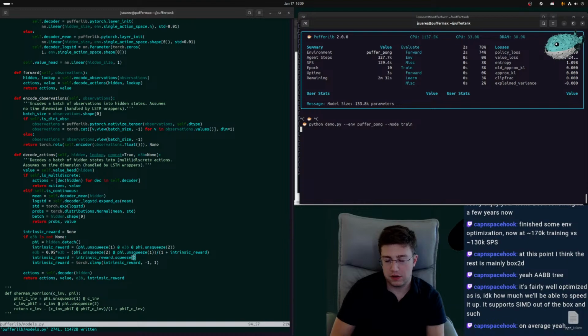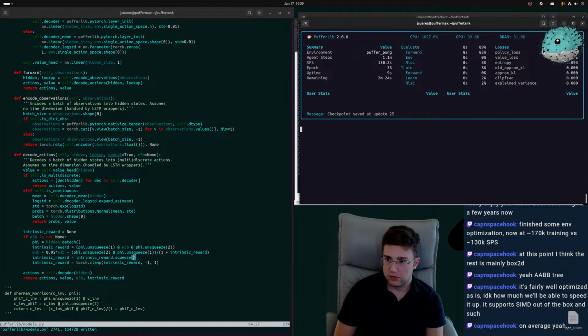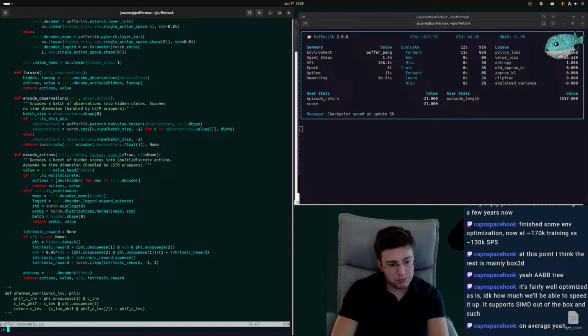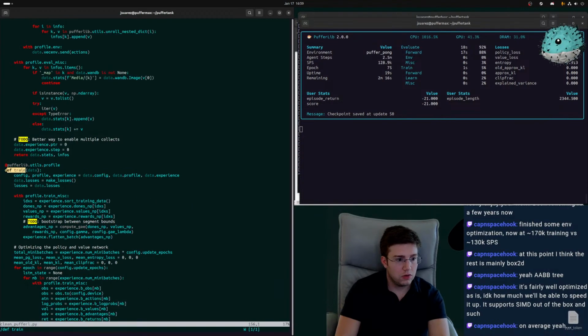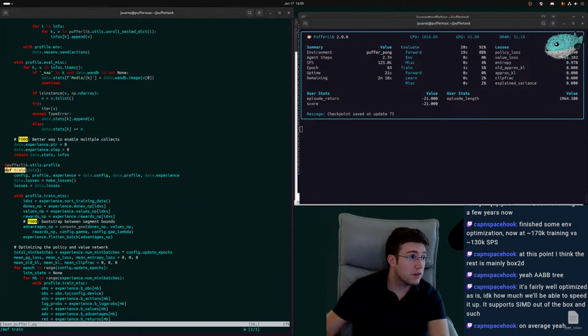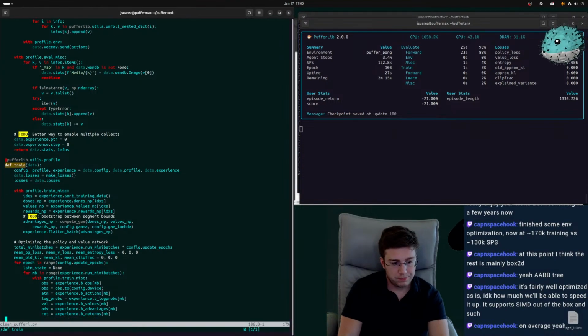Let's try this next. Okay, so the value loss is still crazy, but less crazy. Yeah, way less crazy. Now, is this summed or something? Like, why is the value function like that insane? It shouldn't be.